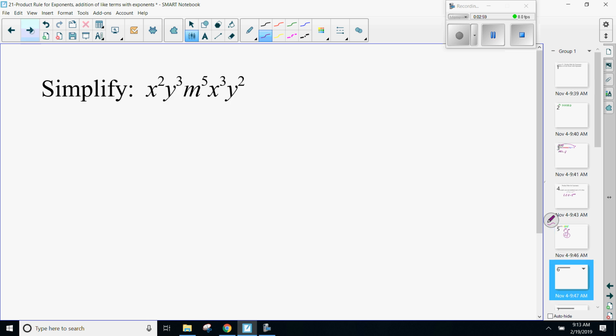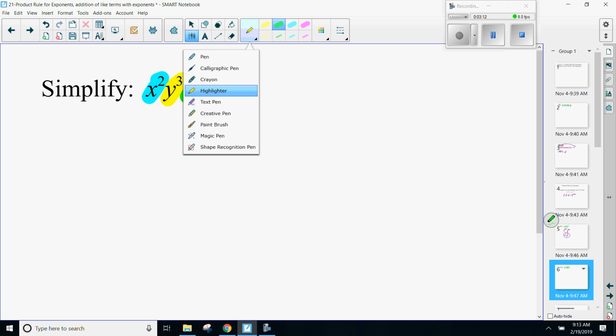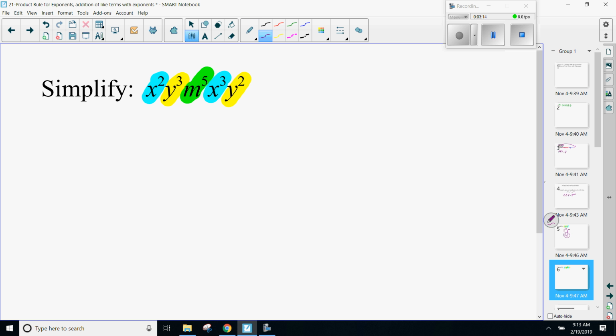Variables are the same. So if you look here, you have your x, you have your y's, and you have the m. So you get x to the 2 plus 3, y to the 3 plus 2, and m to the 5th.